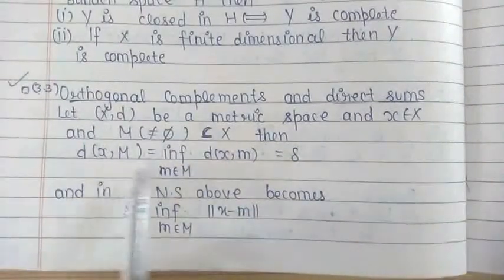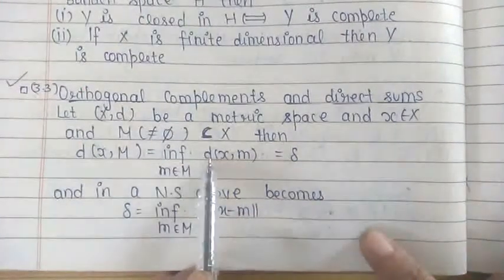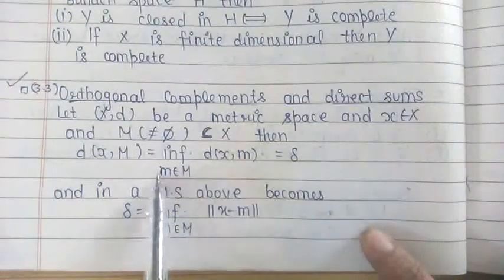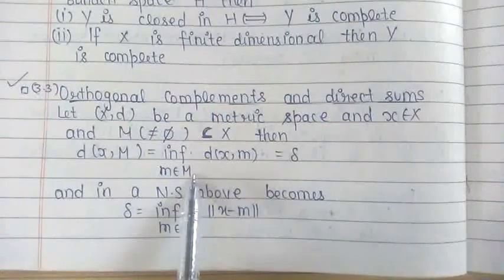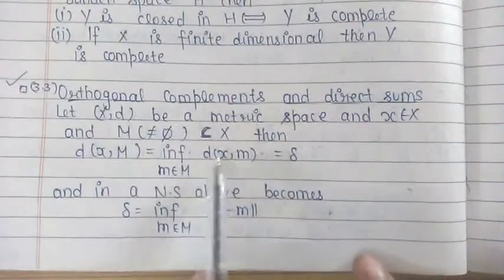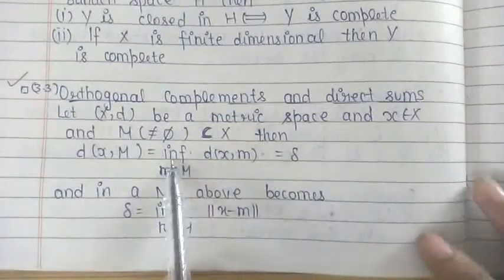Means we can say infimum of d(x, m), where m belongs to M. So we find out the distance of all the elements of M from this x and take their infimum.